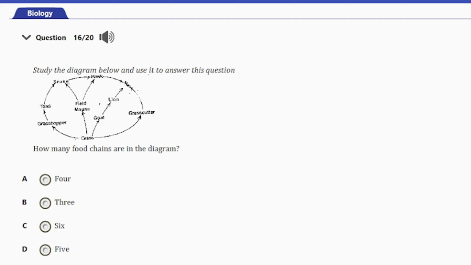Option D here is the answer to this question. If you consider all the areas this food web is branching, you'll get 5 different areas where it's branching, and that's the 5 different food chains we have here.